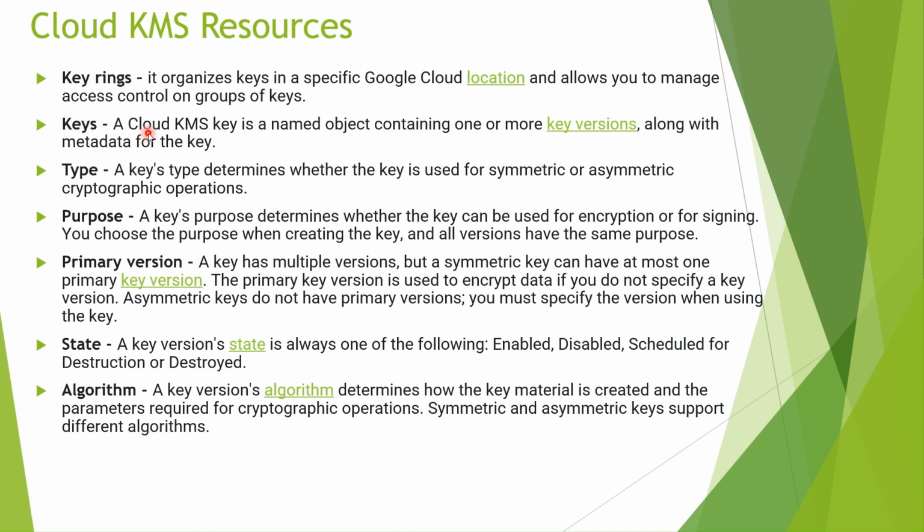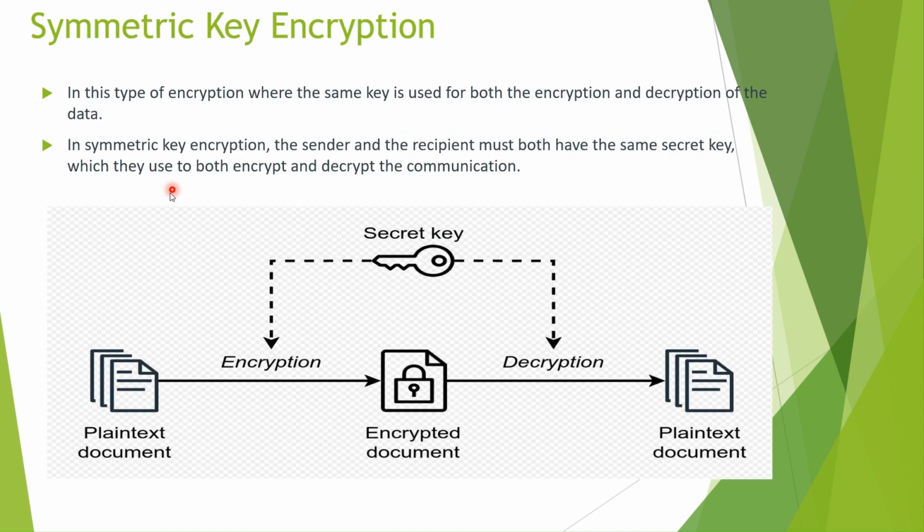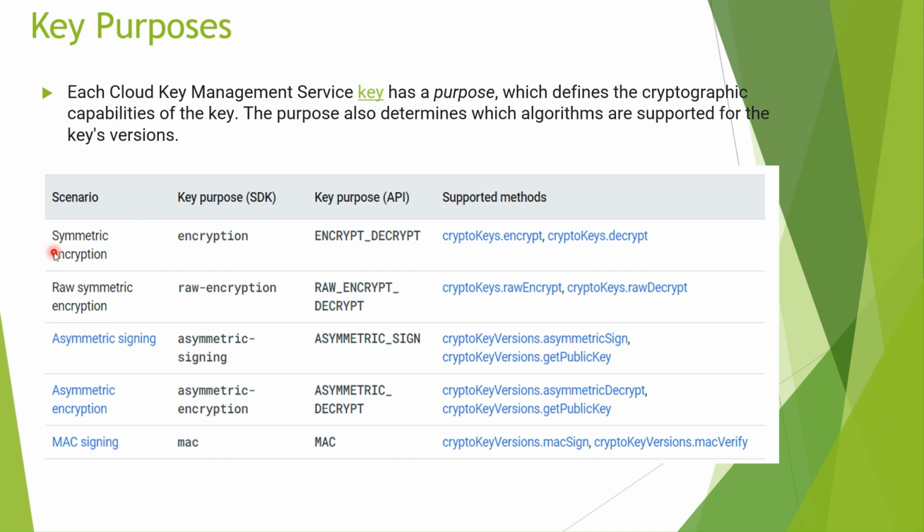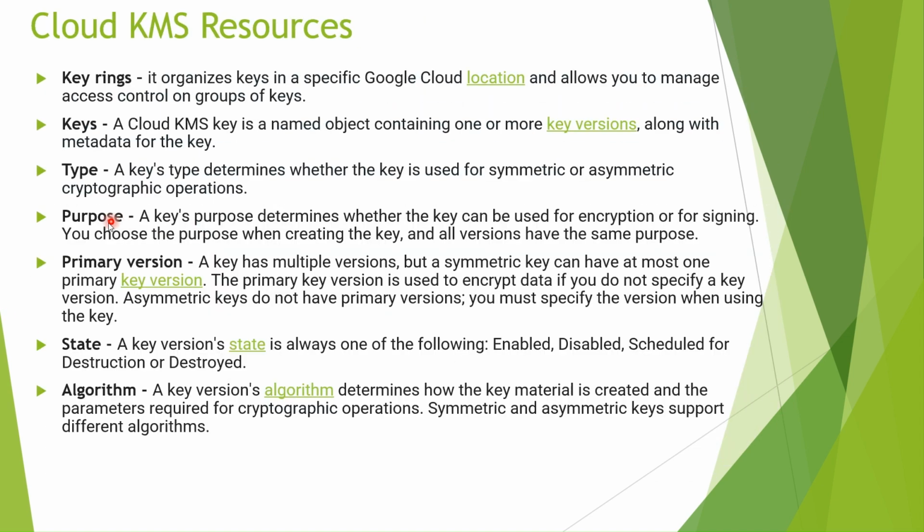After that, we create a key, and a key has one or more versions. Whenever you rotate a symmetric key, it will create a new version, and in asymmetric you can create different versions. After that, we have the type, so we have to define what type of key we want to use, like symmetric or asymmetric. After that, purpose.